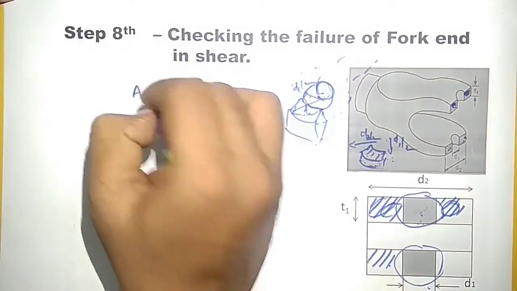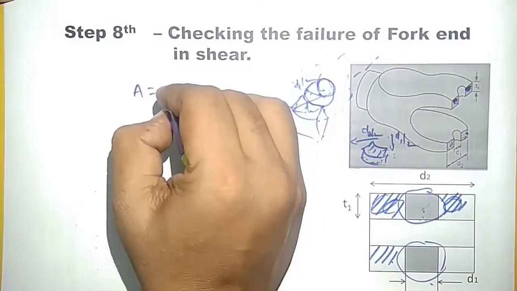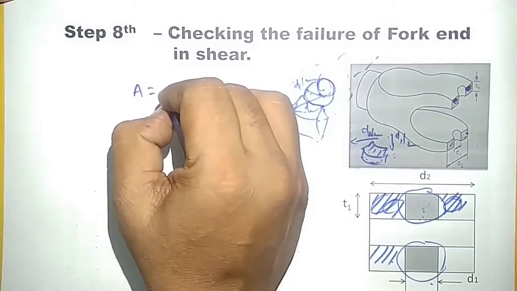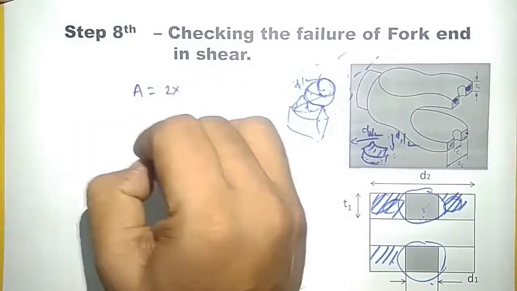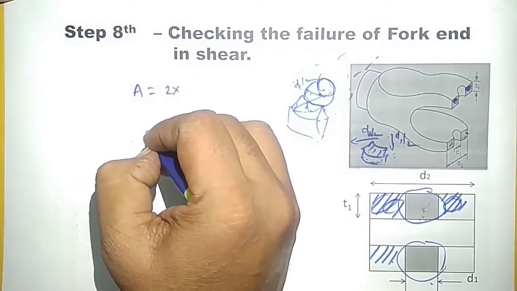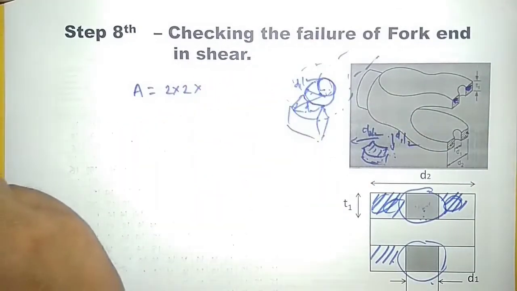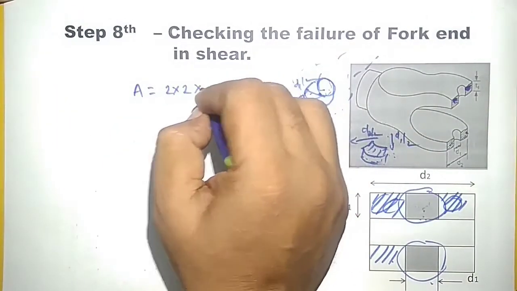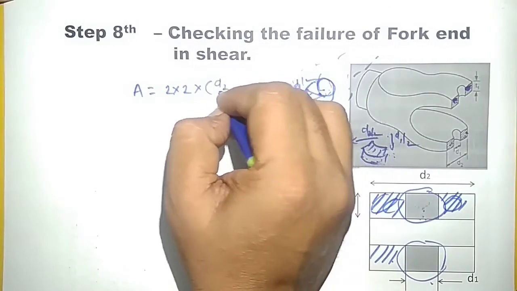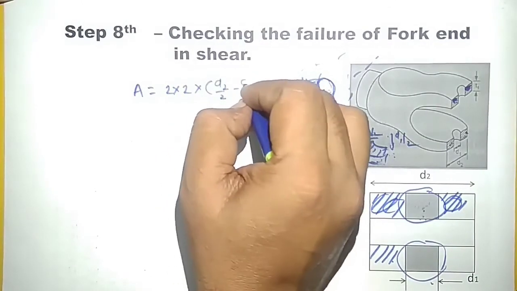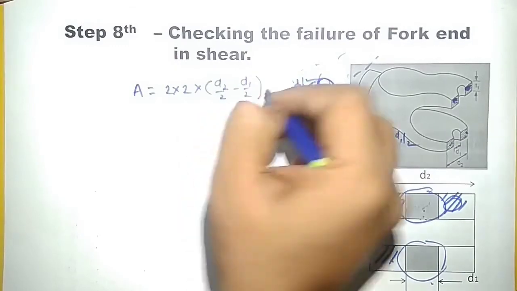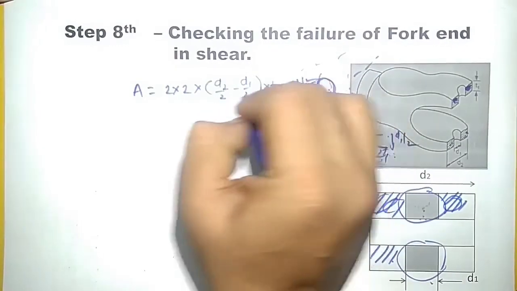So the area under shear: multiply by 2 first, due to the two ends, and again by 2 because of double shear, with area d2 by 2 minus d1 by 2 into t1.